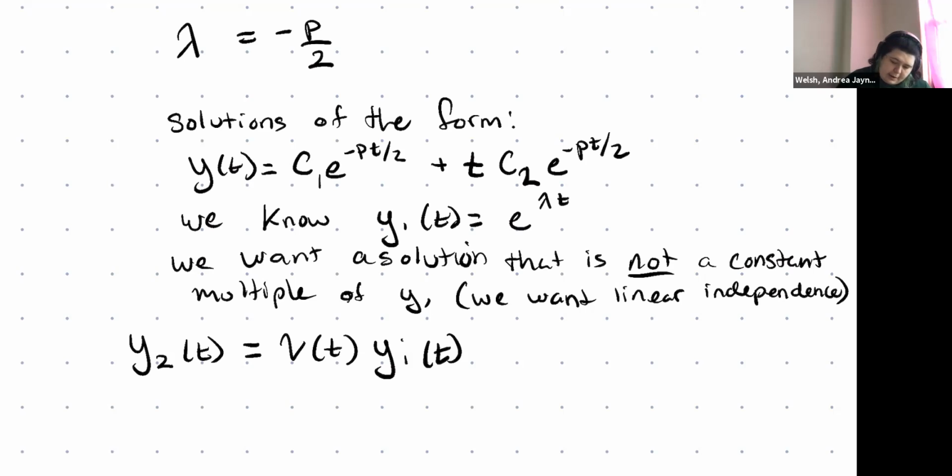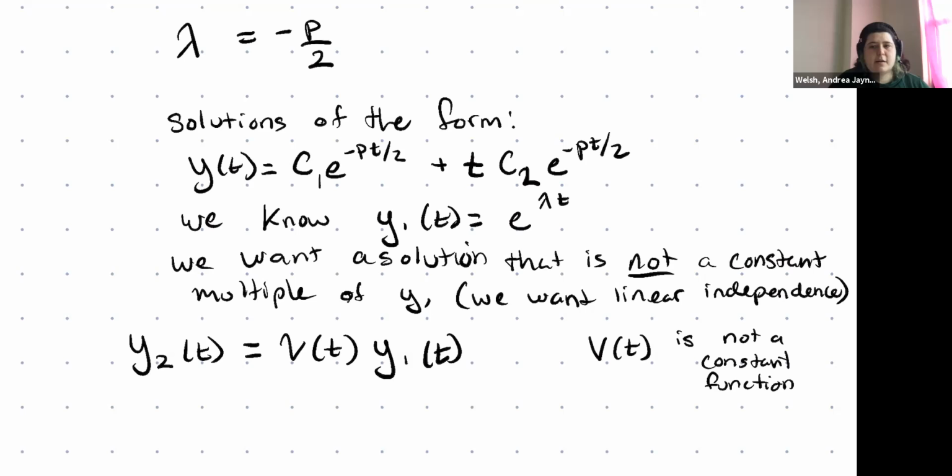In this case, this is just the first solution that we have. And here we're going to specify that v of t is not a constant function. So it does depend on t. We know that it's not constant, or else we're not going to have linear independence of our two solutions.